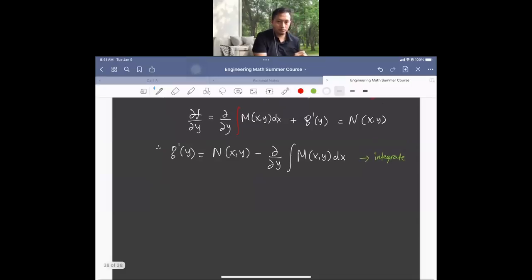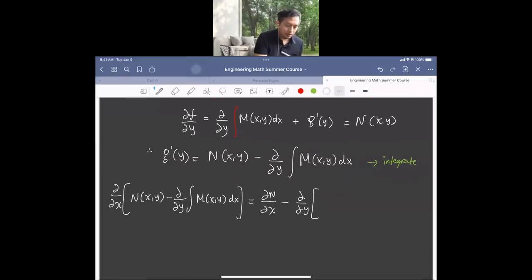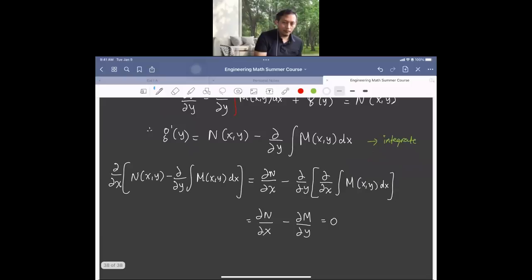Now we can write the partial x, and this is equal to, and this will be a 0.